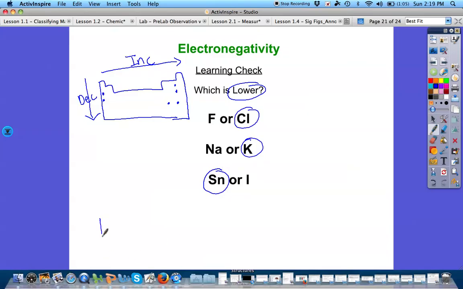So I just wanted to point out that electronegativity and ionization energy have the same trend.